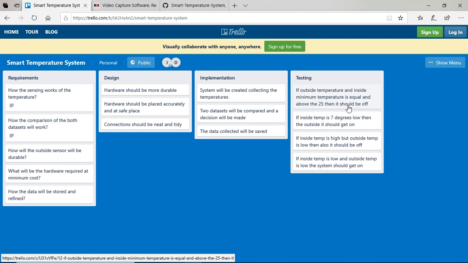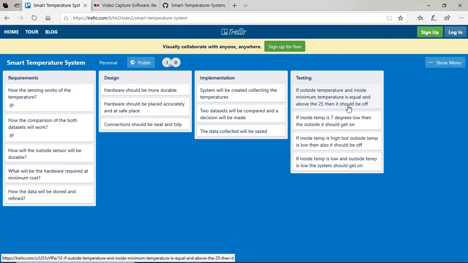If the inside temperature is 7 degrees lower than the outside, then it should be on to manage the temperature. If the temperature inside the house is higher than the outside temperature, then it will turn off the appliance.